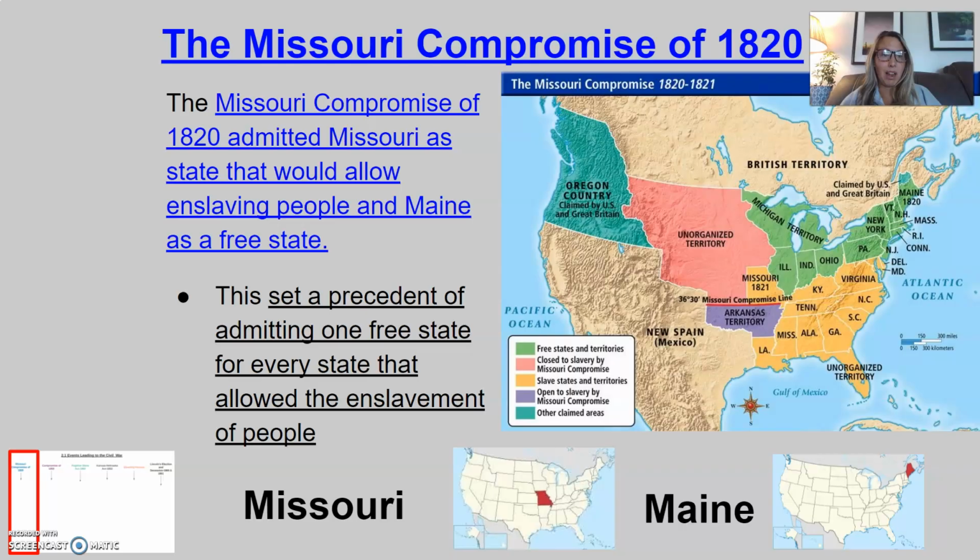We know that equal does not always mean fair, but back then they're like, well, if we have one state that allows enslaving people and one that doesn't, then everyone will be happy. Now, is that going to work out? Probably not. But that set the tone for how they were going to continue to add states into the United States in the 1800s. So again, you want to write down what is in blue, pause the video if you need to keep writing.